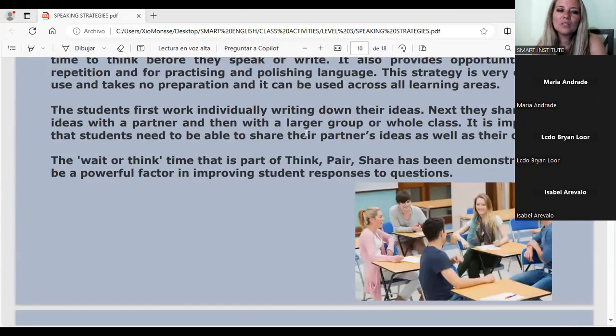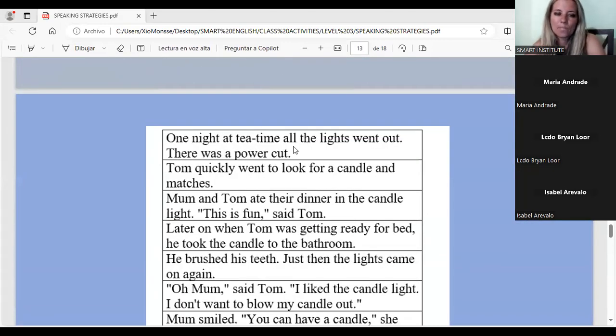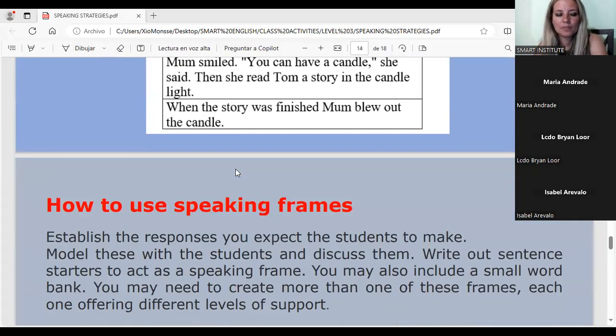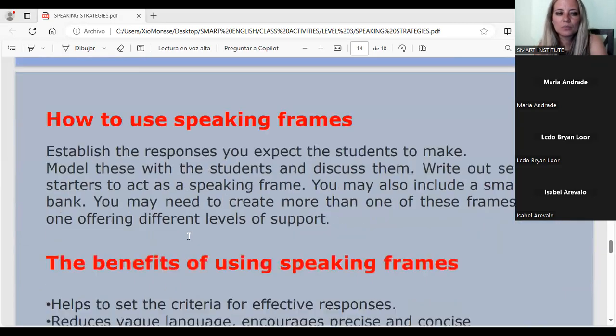But what do you like the most? I like the one where you divide the strip story because there is a lot of interaction involved. A lot of interaction. Brian, what do you like the most?